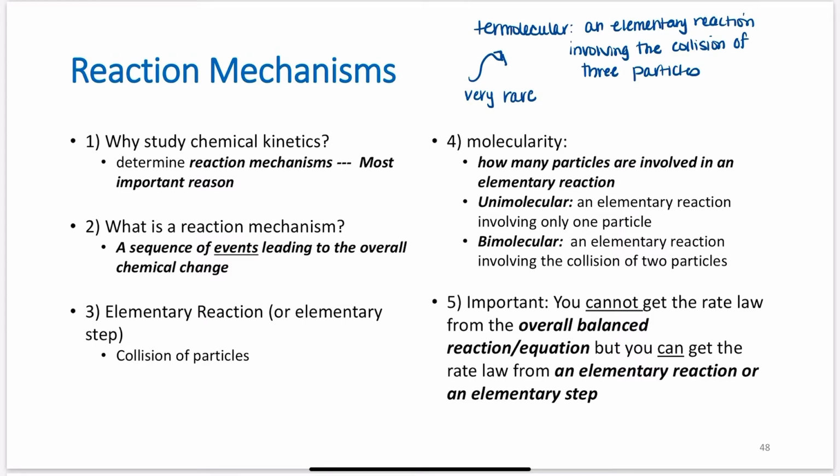The chances for three molecules to come together, all oriented perfectly and at the right speed for a reaction to occur, just not as common. But unimolecular, bimolecular, and sometimes termolecular do occur. The important thing here, you cannot get the rate law from the overall balanced reaction or equation. It is not possible. You can, however, get the rate law from an elementary reaction or an elementary step.